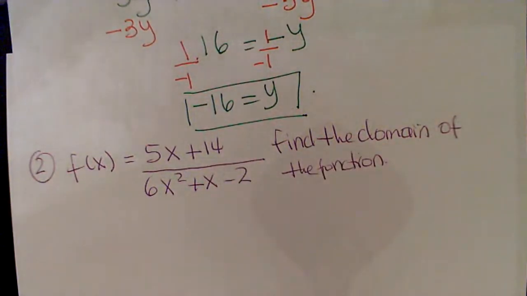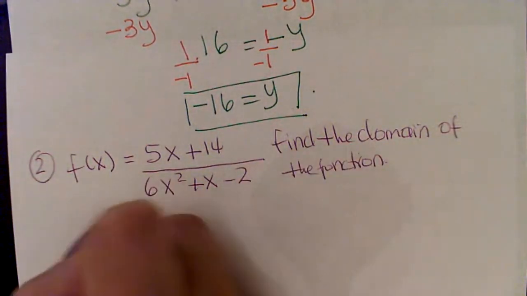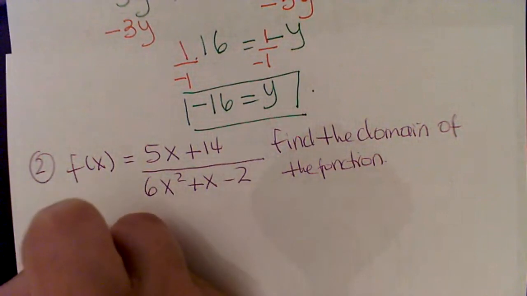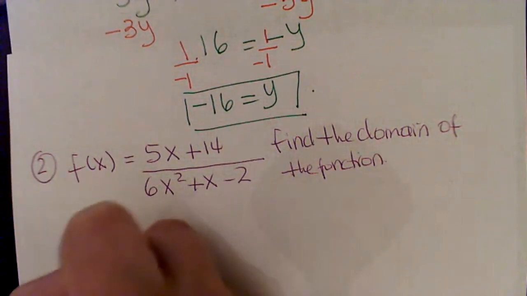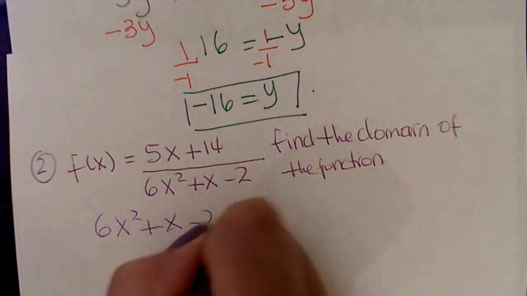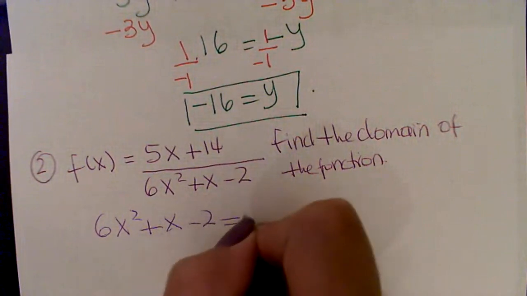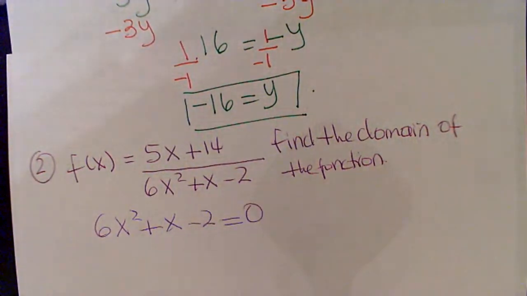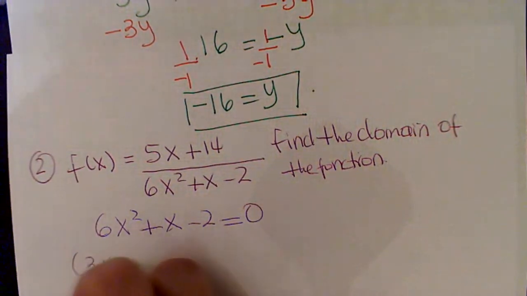Okay, so we're only gonna do the bottom part. If we do this, this is going to be what? 6x squared plus x minus 2 equals 0. I need to do the box.